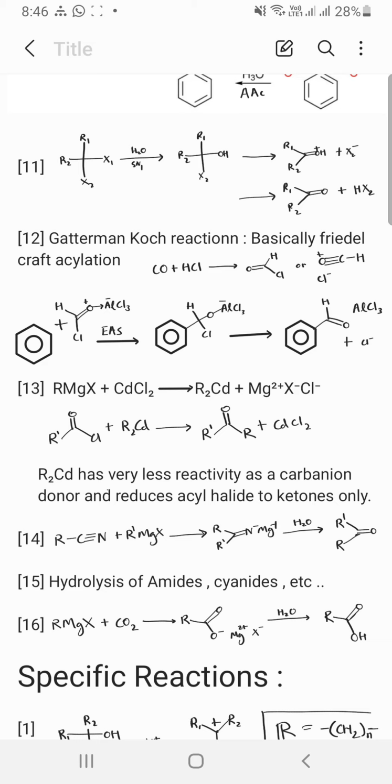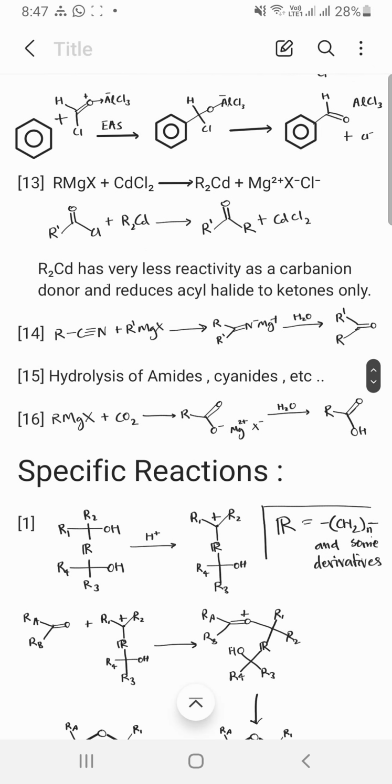RC triple bond N, cyanide, plus Grignard. Not surprised that it gives ketones. It does depend on the number of equivalents that you had, which tells you what you are going to get.